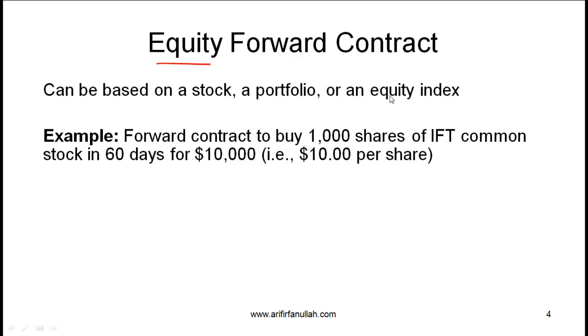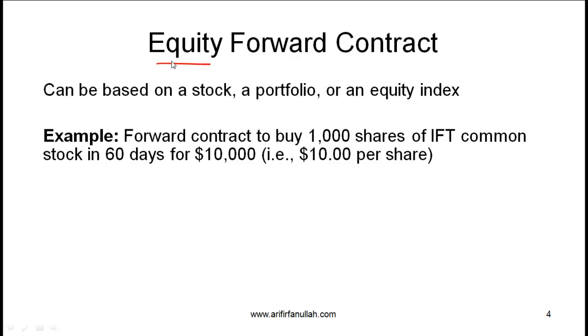We'll talk about forward contracts with bonds, with interest rates, and with currencies. Obviously a forward contract can be for anything. If you get into a forward contract with another party to buy a car at a certain price on a certain date, that's also a forward contract. But in this reading we are primarily focused on forward contracts where the underlying is a financial asset.